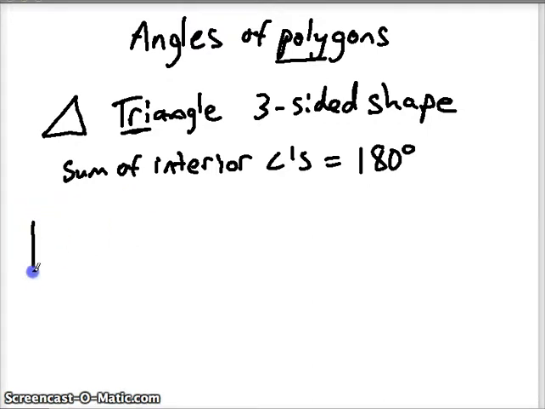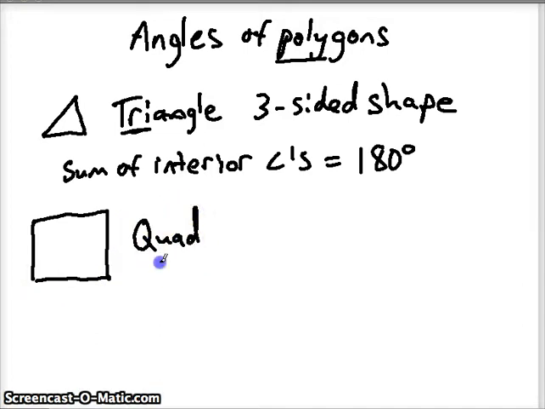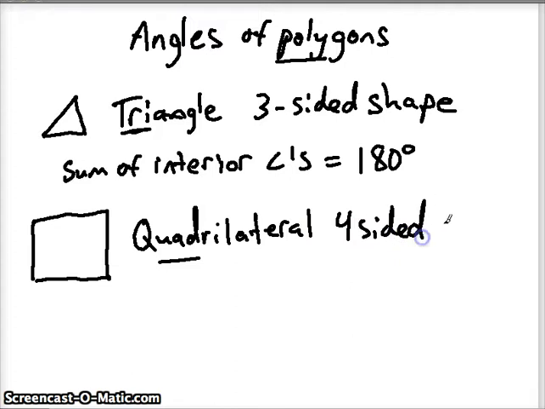Alright, the next type of polygon we have is a quadrilateral. Quad meaning four. Lateral referring to sides. So this is a four-sided shape.